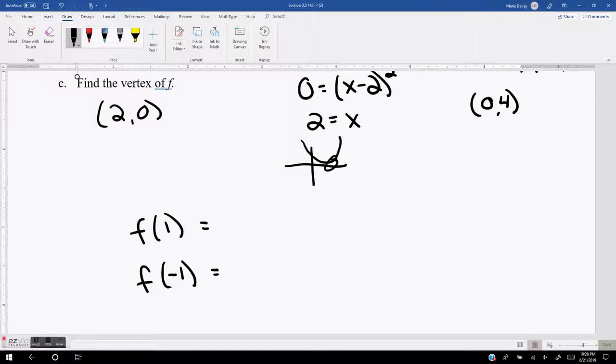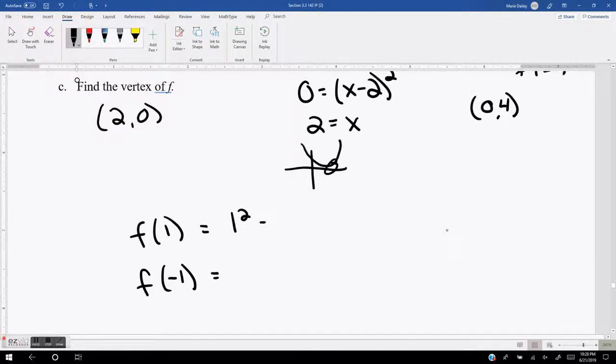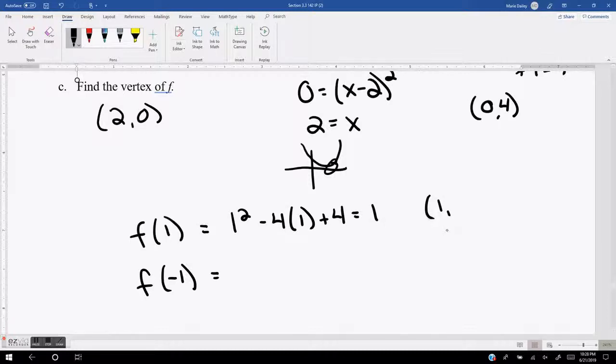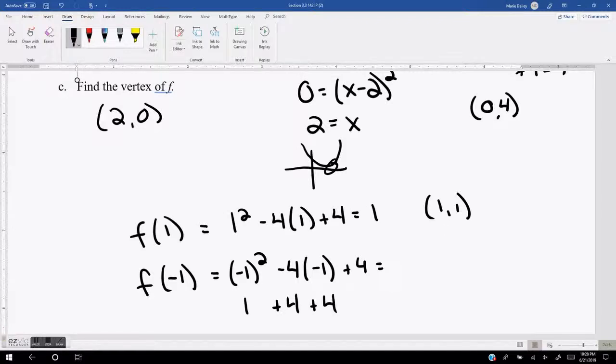Again, these are just random points to pick to get some additional points on the graph. So the point 1, 1 will be on there. Negative 1 squared minus 4 times negative 1 plus 4. That's going to be 1 plus 4 plus 4, which is 9. So that'll be the ordered pair negative 1, 9. So now we have plenty of points to work with.